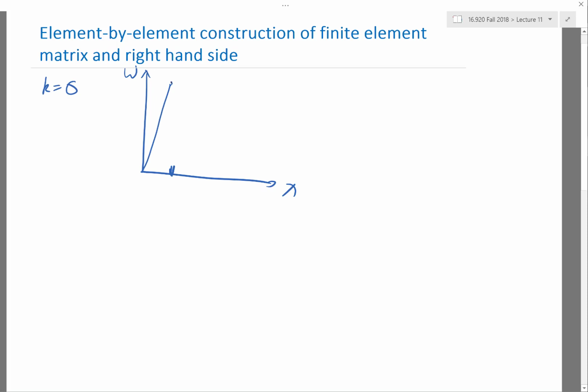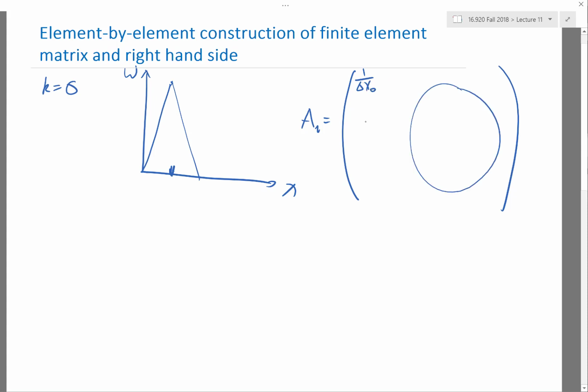In the first element, there is only one basis function that is non-zero, so it's actually a lot easier. And my A1 is just going to be a single entry. So it's going to be 1 over delta x0 and 0 in the rest of the domain.